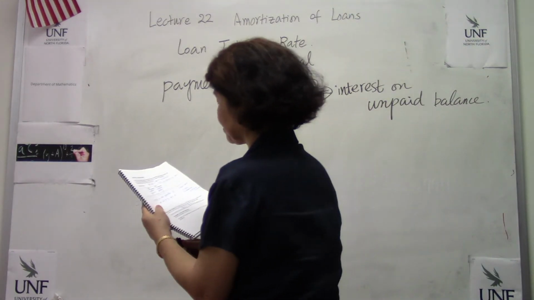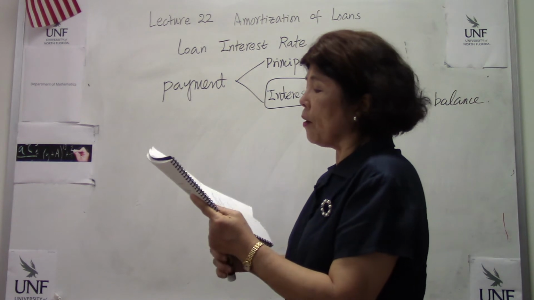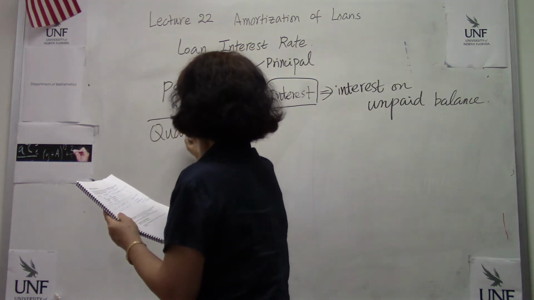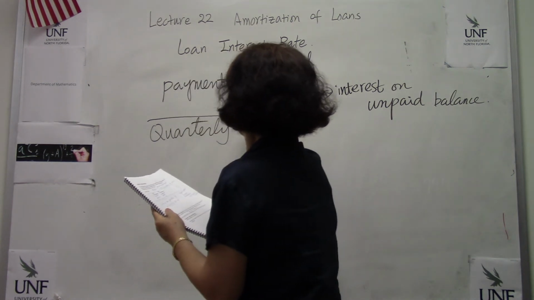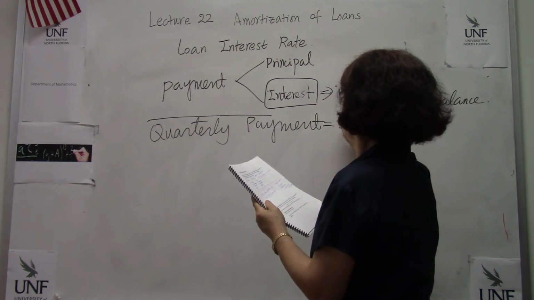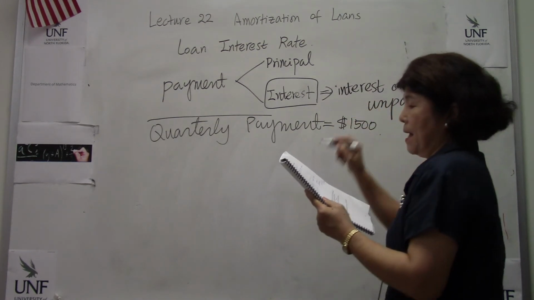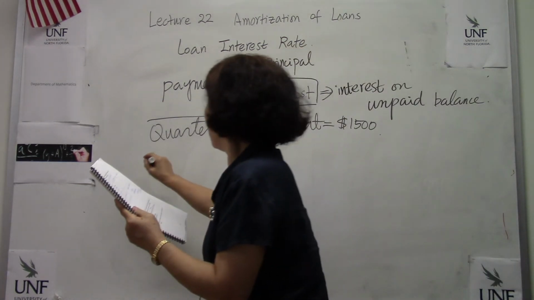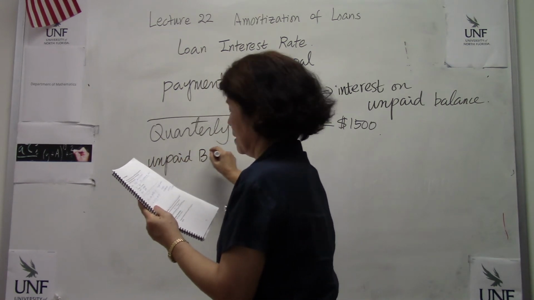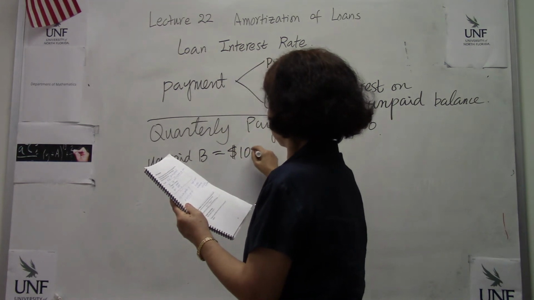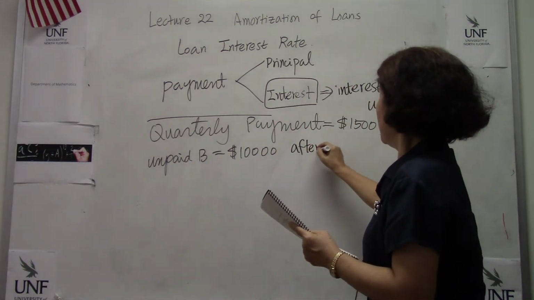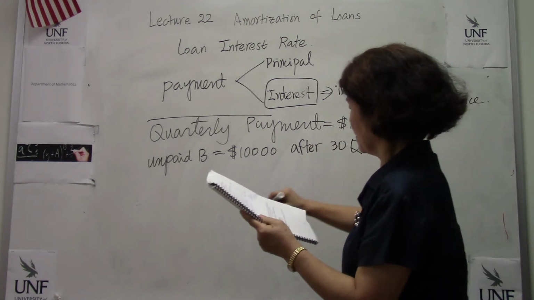Example 2. A loan with quarterly payment. Yes. Here is a quarterly payment, not monthly payment. Quarterly payment is $1,500. Unpaid balance is $10,000 after 30 quarters.